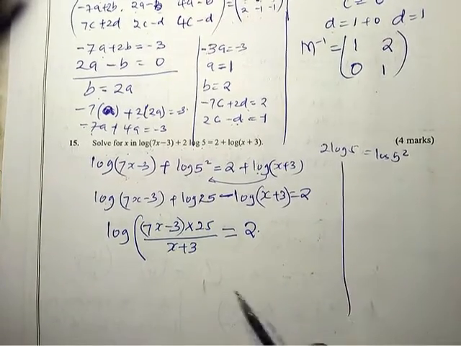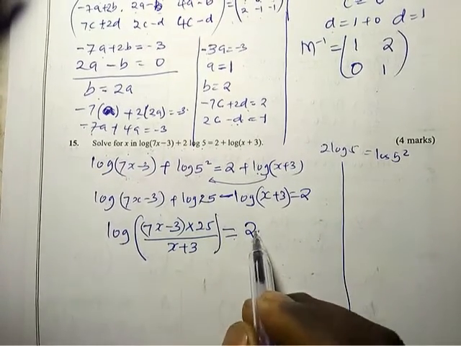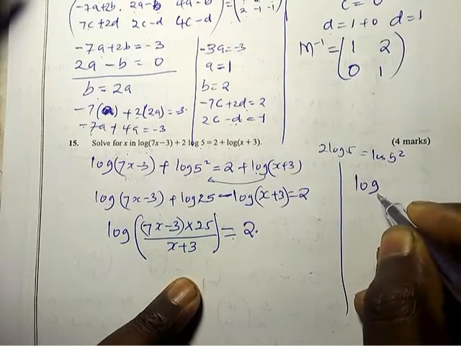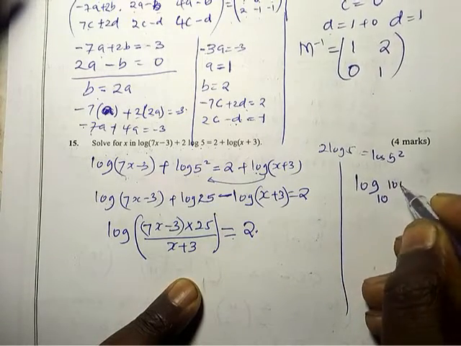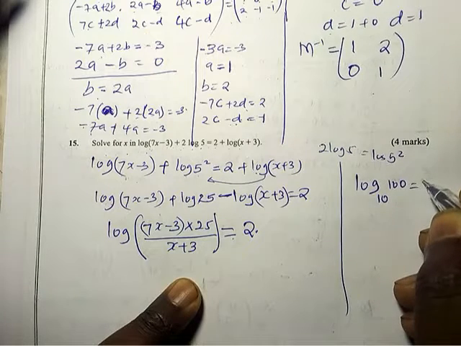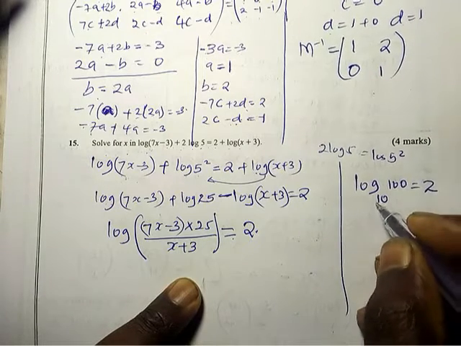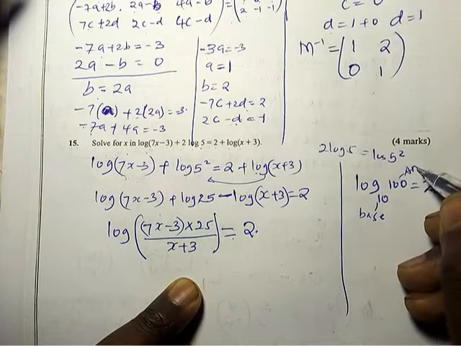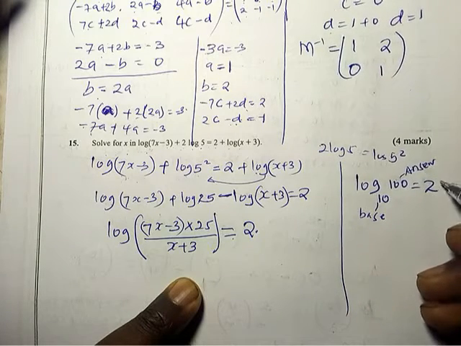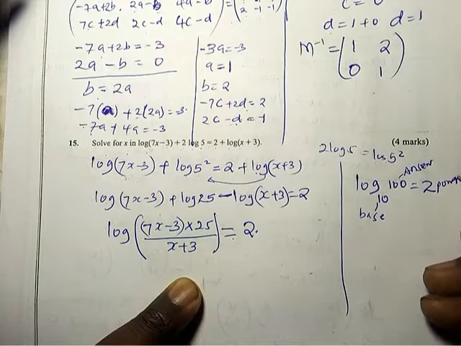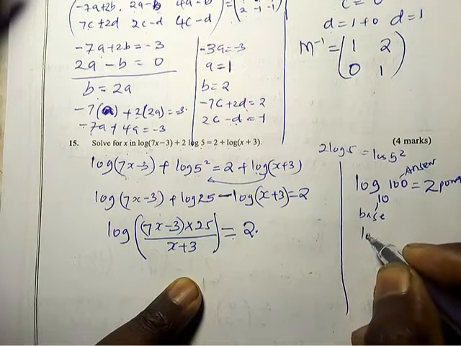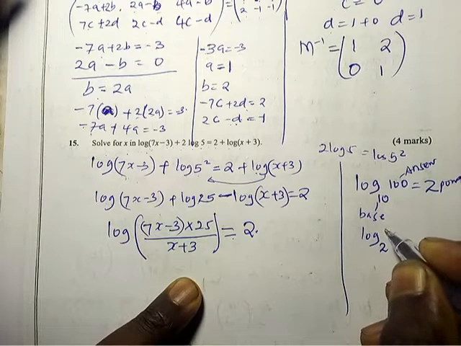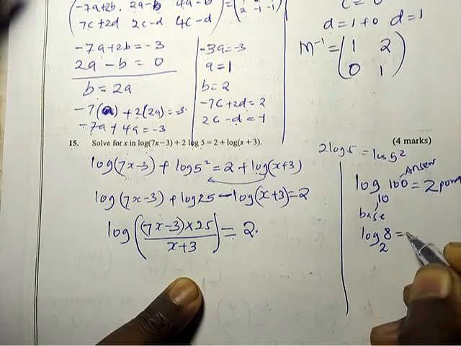So now we have log of this equal to this. Remember that log base 10 of 100, the answer is 2. This one is the base, this one is the answer, and this is the power. So again, log base 2 of 8, the answer is 3.